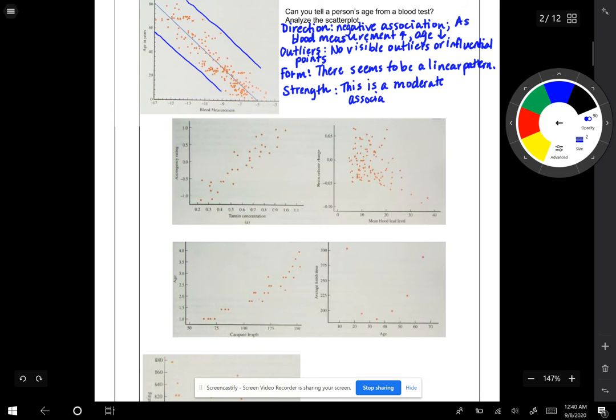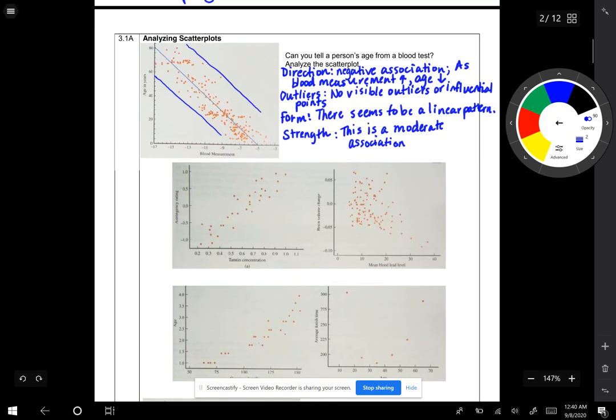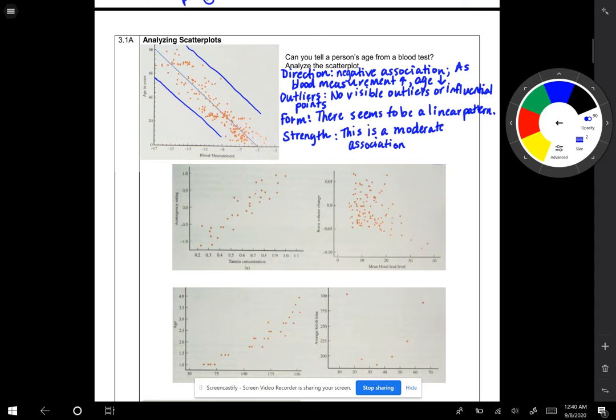So how do we summarize this so that we don't have to write this much all the time? Here is a quick summary of everything we wrote, and that's what we'll do for the remainder of the problems. This is a moderate, negative, linear association.